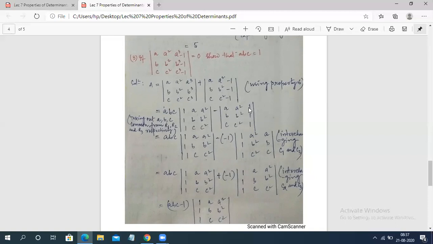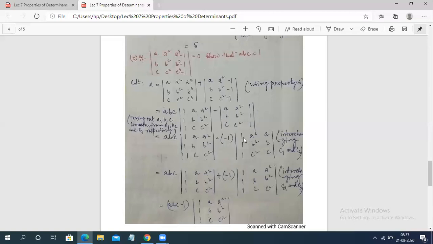That means we are interchanging two columns, C1 and C3, so its determinant value will be the negative of this determinant. That means for one jump, there is a negative sign.